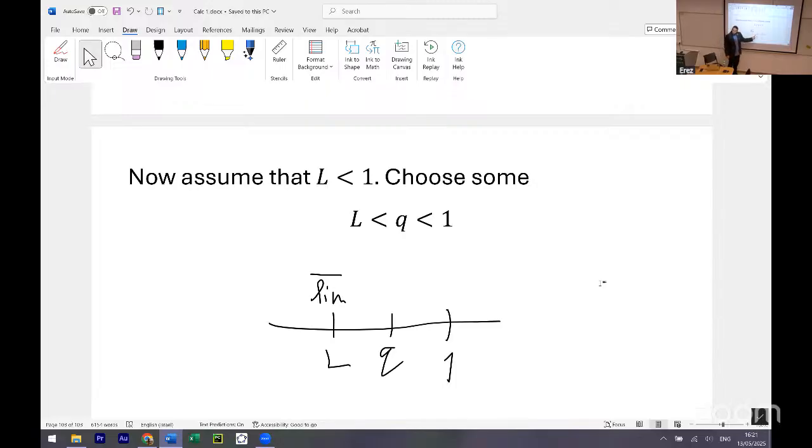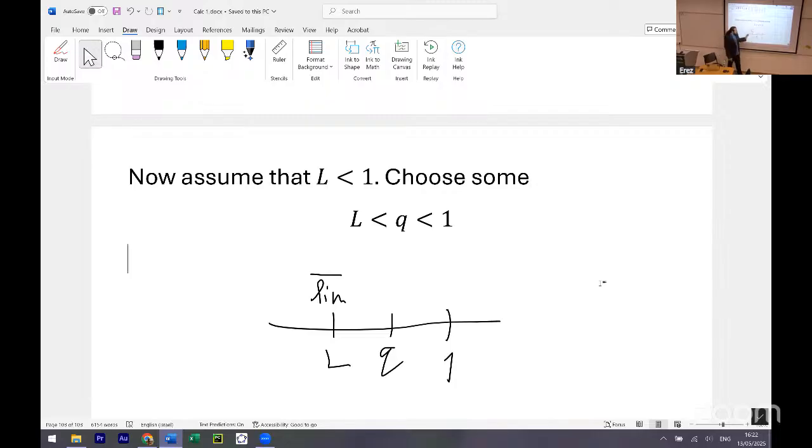Why? First of all, would I say that all the elements are smaller than L? No, because they could tend to L from the right. It could even be that all the elements of the sequence are larger than L, but the limit is still L. But they do have all to be smaller than Q from some point forward.